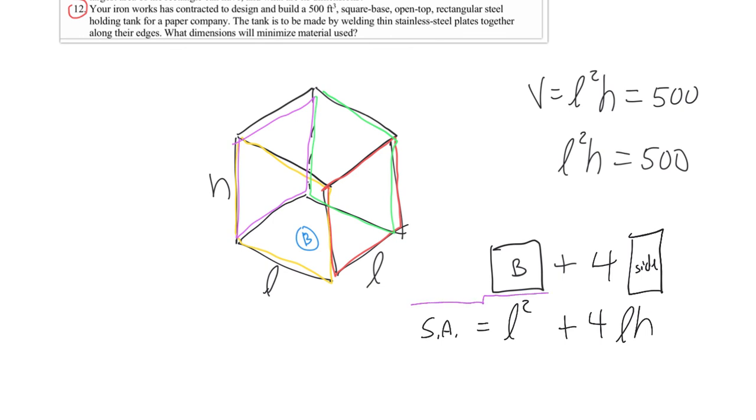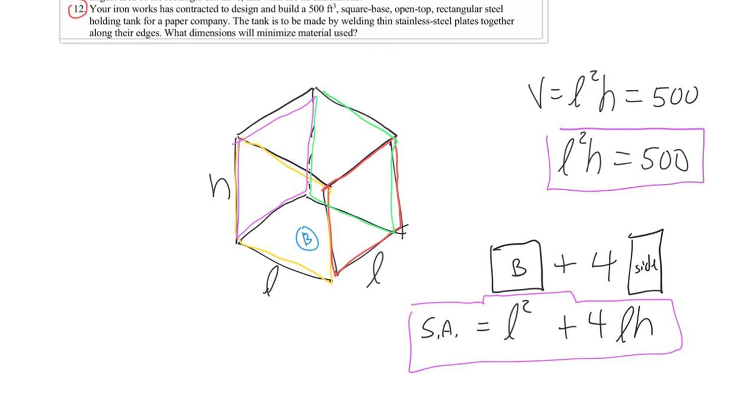Now, as I had alluded to in a couple problems earlier, we typically want to have at least 2 equations. One of the equations features the thing we're trying to maximize or minimize. Well, we're trying to minimize the material used, so that's ultimately surface area. Keep in mind, this is an open top here. So this is the thing we're going to take the derivative of.